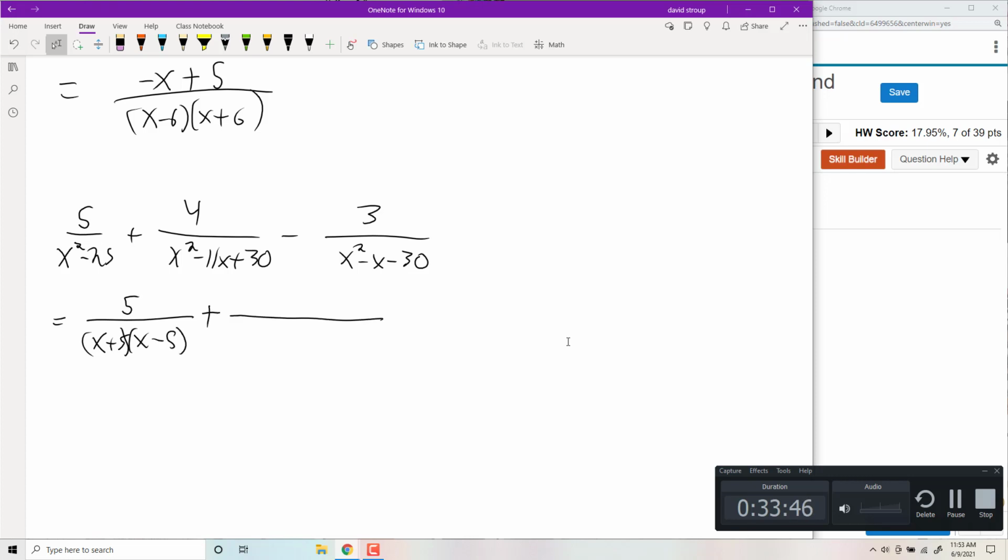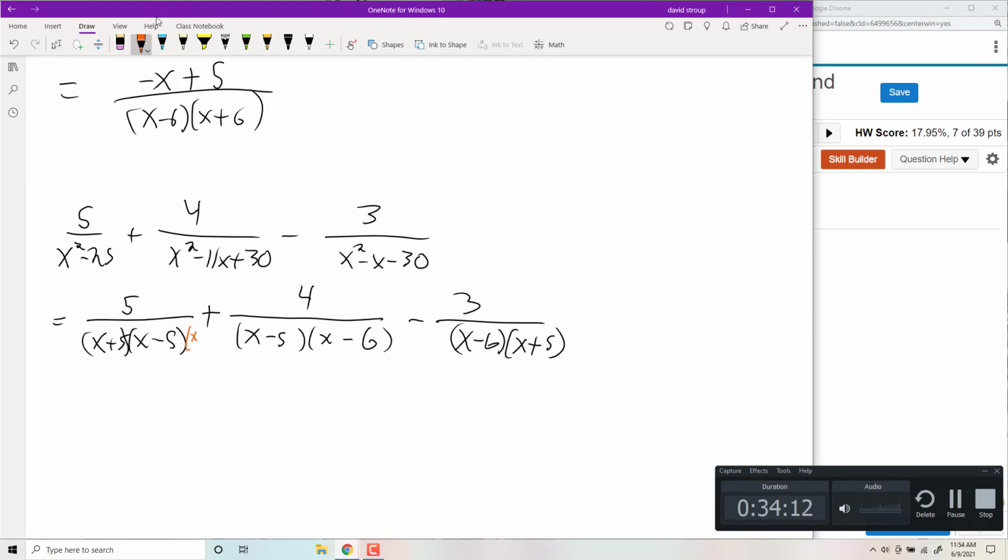Second denominator, x minus, x minus, and we're looking at 5 and 6. Third denominator, x minus, x plus, and of course we're looking at 6 and 5. The bigger number has to be negative.